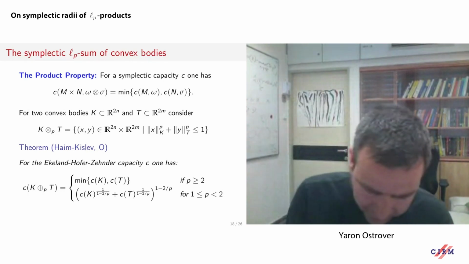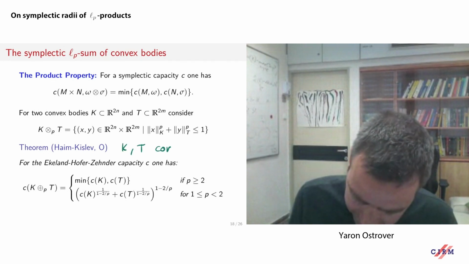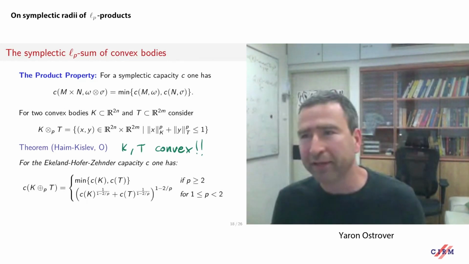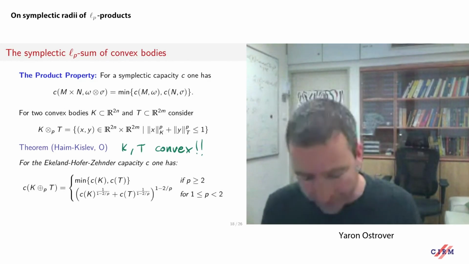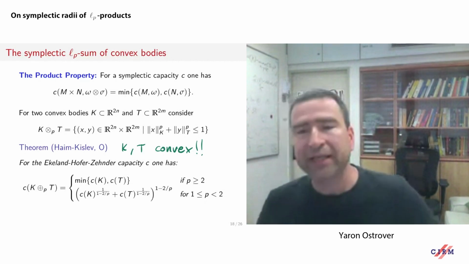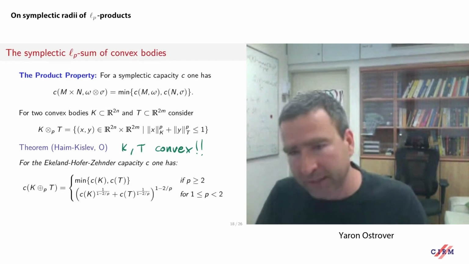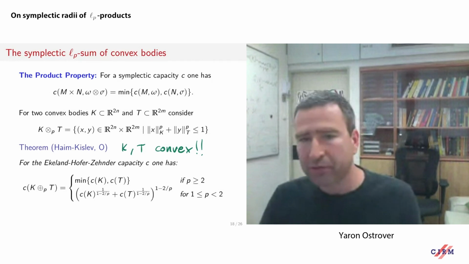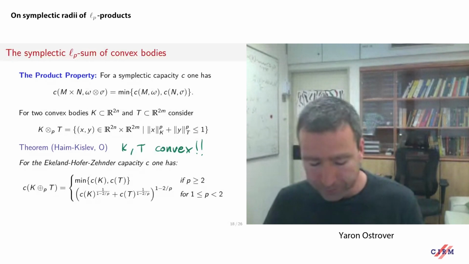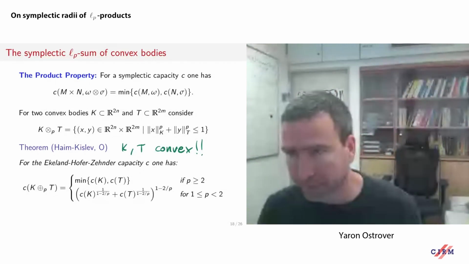Now I should say here that K and T should be convex. I'm only thinking about convex domains. So we can prove that we can generalize the product property from the case P equals infinity, which corresponds to the product of two convex bodies, to the entire family of P sums.